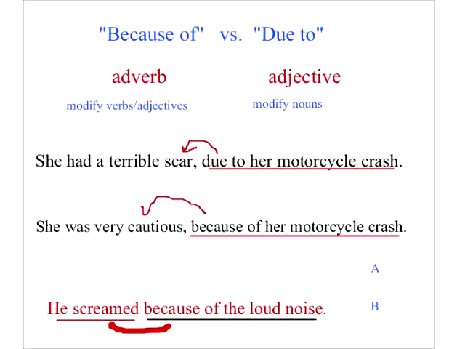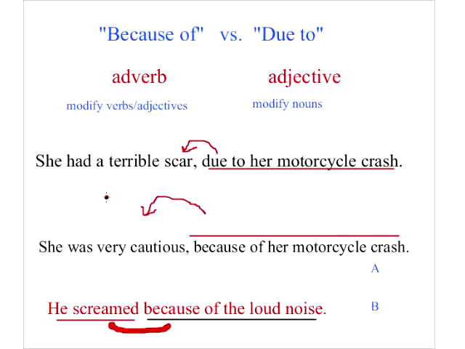If we actually said her cautiousness and we made it a noun, we could say, her cautiousness is due to her motorcycle crash. But here we're using it as an adjective. We're saying she was very cautious. Because the adverb has this flexibility, we could either say it describes why she was cautious, in which case we're modifying a verb, or we can just say it describes why she's cautious, in which case we're modifying the adjective. In either case, we're not modifying the noun. We are not saying she is because of her motorcycle crash.